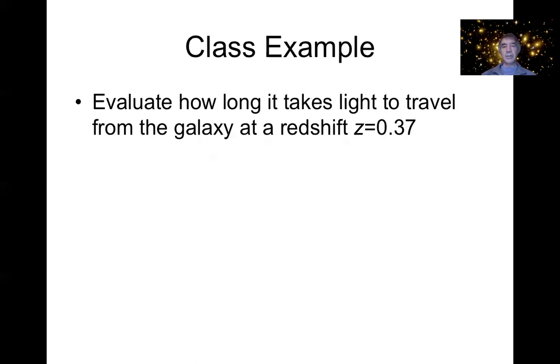Okay, so to finish up, use the idea of the finite speed of light. You already worked out how far away this galaxy is. So now do the same thing, but work out how long it took the light to travel from that galaxy at a redshift of 0.37. I've just been talking about galaxies that are much, much further away than that.